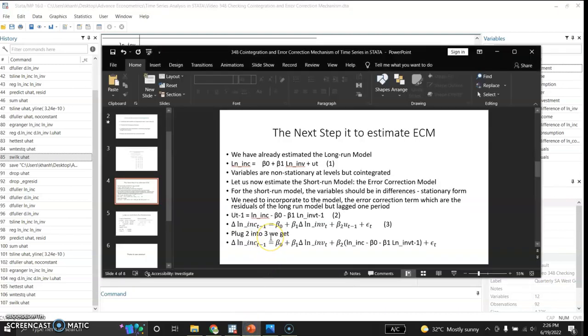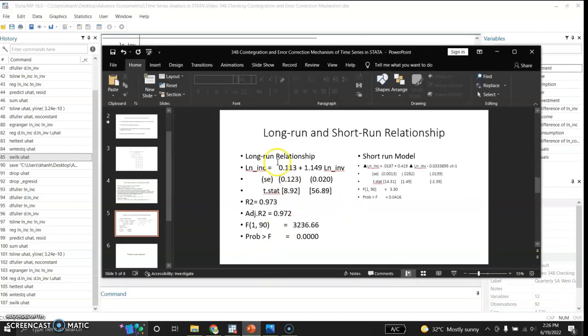So I will compare these two models. This is the long run model. This is the coefficient, and this is the coefficient for the natural log of investment. R square is 0.97, adjusted R square is 0.97, F value is 3236.66, and this is highly significant. And this is the short run model, and this is the cointegration equation or the error correction coefficient.